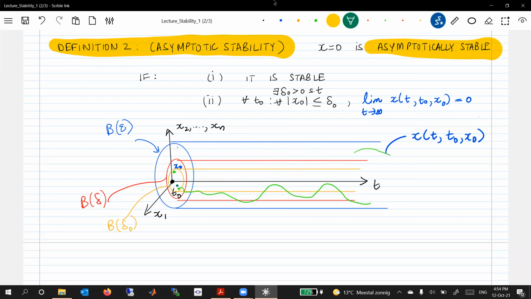So let me erase these trajectories for now. Okay, so if I choose an initial condition inside this orange ball of delta naught radius, then what would happen is that as time goes on, in transient, I might be oscillating, I might even go out, but as time goes to infinity, I would be decaying towards the origin. So this is the behavior that I expect in time.